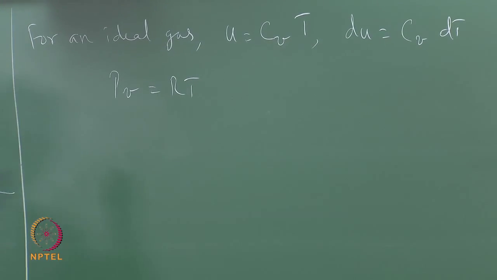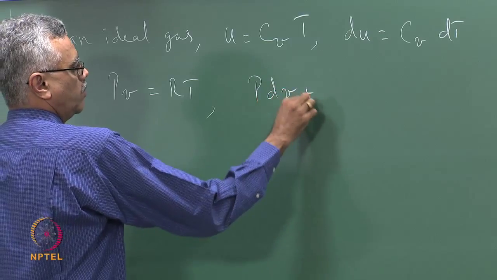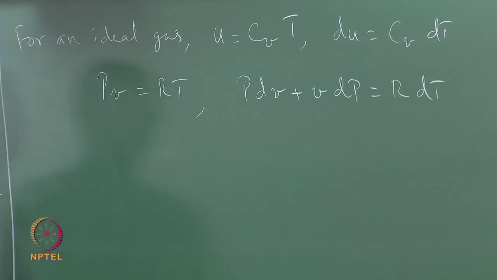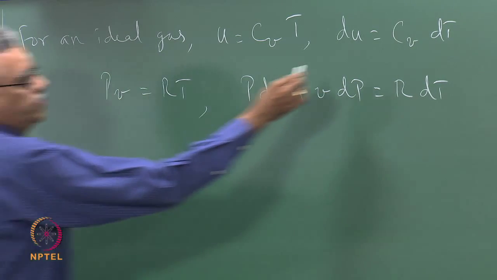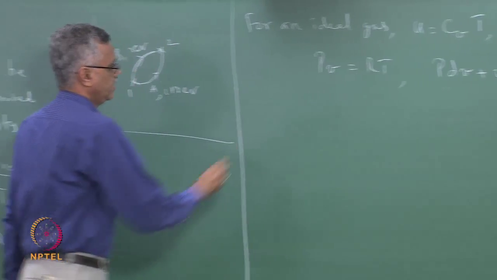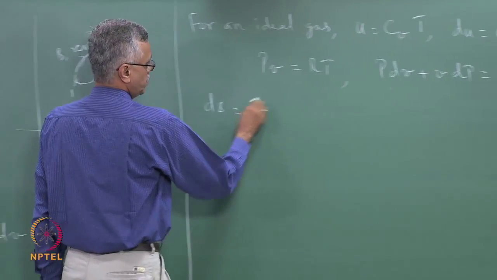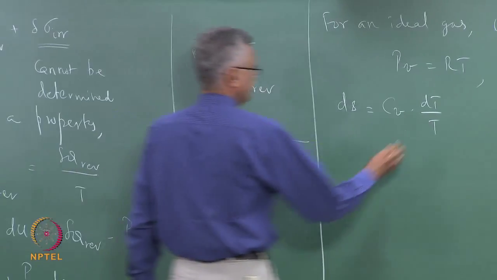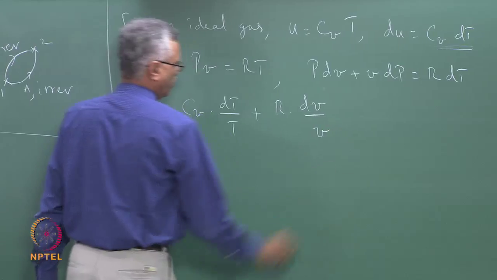In fact, if you write this in differential form, I can write this as P dV plus V dP equal to R dT. Both these forms are useful. So, if I substitute for du from here, and if I write P over T as R over V, I can rewrite this equation as ds equal to Cv times dT over T plus R times dV over V.